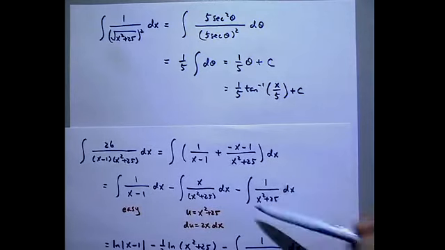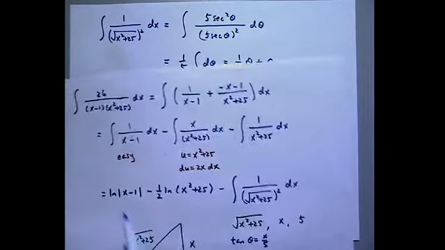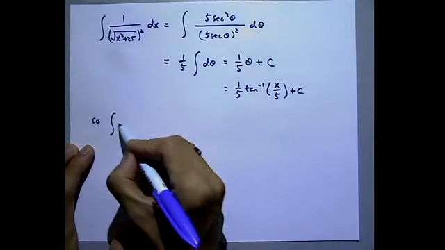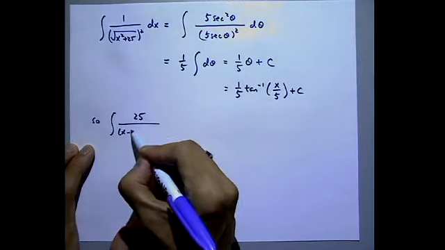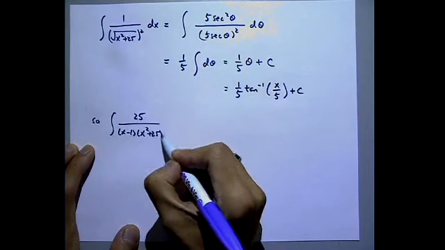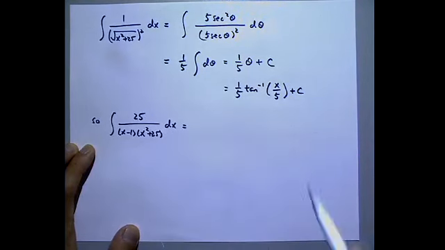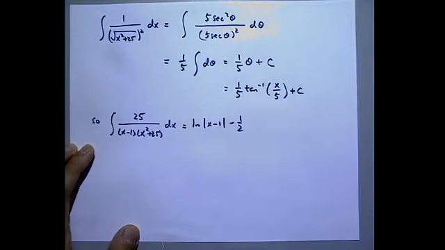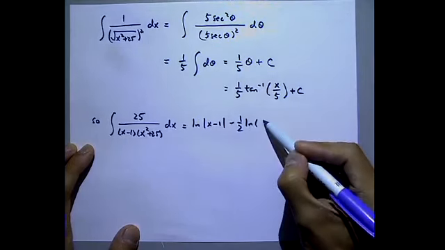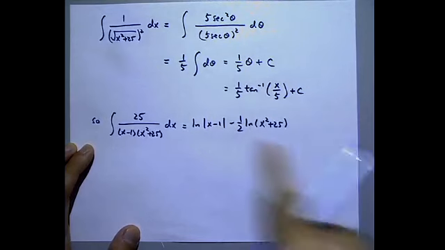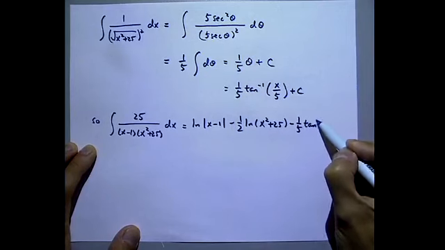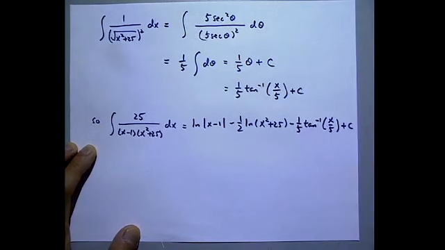Okay, now we have an answer for the last one here. So we have that plus that, natural log x minus 1, minus 1/2 natural log, with or without absolute value, not a big deal, minus this guy right here, and some constant.